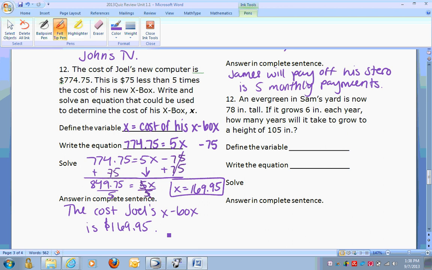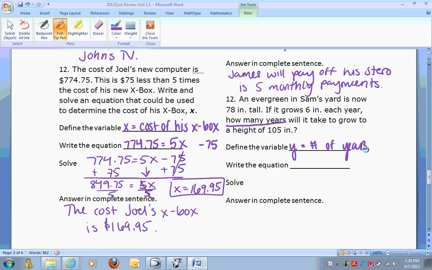All right. Last problem on 1 and 2 step equations. It says an evergreen in Sam's yard is now 78 inches tall. If it grows 6 inches each year, how many years will it take to grow to a height of 105 inches? Well, what they're wanting us to find is how many years. So I'm going to label my variable as y, and that's going to equal the number of years.